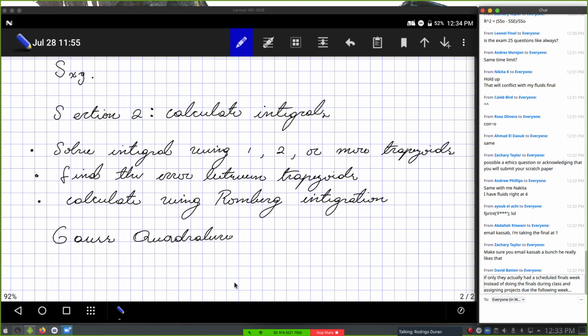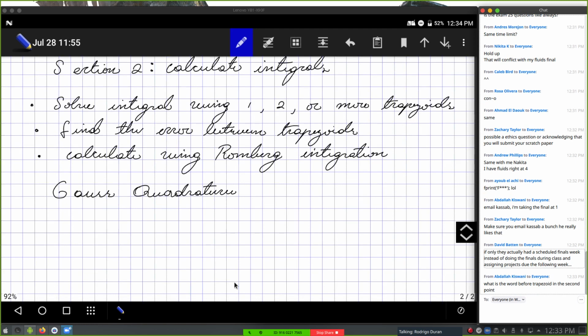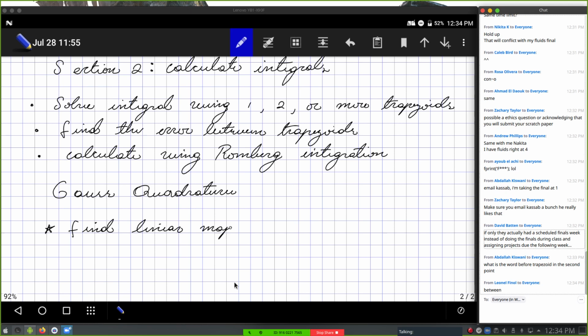And what part of Gauss quadrature can you expect? You can expect to be asked to find the linear mapping, which, if I remember correctly, is b minus a divided by 2 multiplied times psi plus a plus b divided by 2.